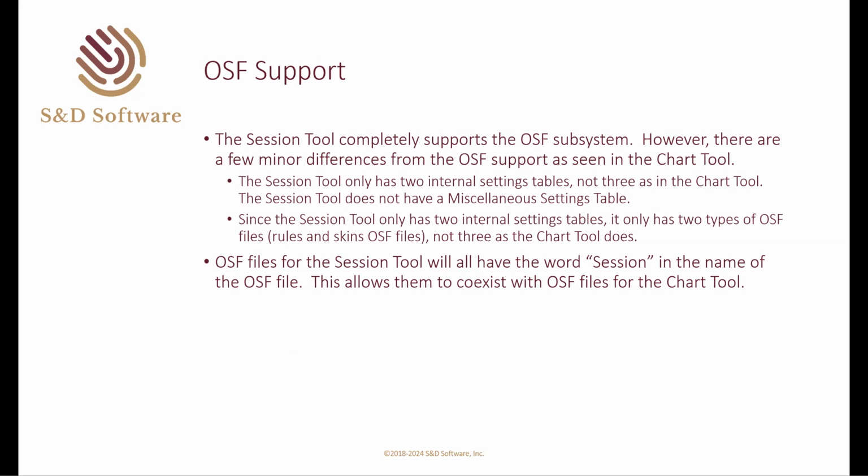But other than that, they operate the same way. Everything operates the same way. The settings are the same, except the session tool doesn't have anything pertaining to the miscellaneous OSF file. But the settings for controlling rules and skins files are the same between them. They're handled the same way.